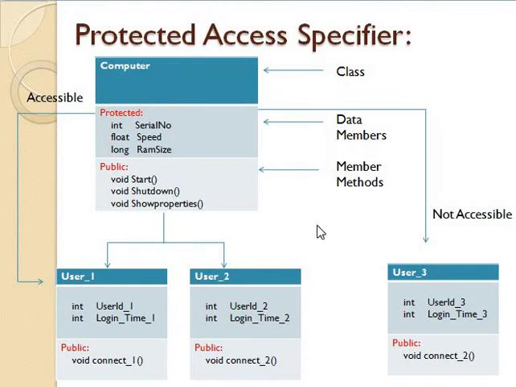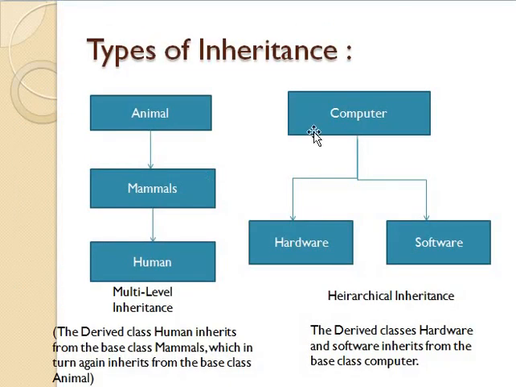Now consider this figure where you have one base class computer and two derived classes user1 and user2. These two derived classes user1 and user2 acquire the properties of their base class computer through inheritance, and this form of inheritance is known as hierarchical inheritance, as this figure looks similar to this one.